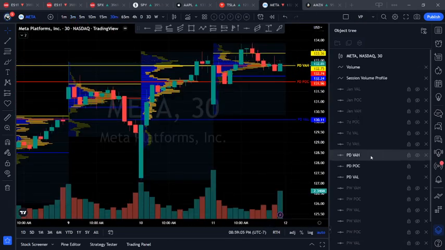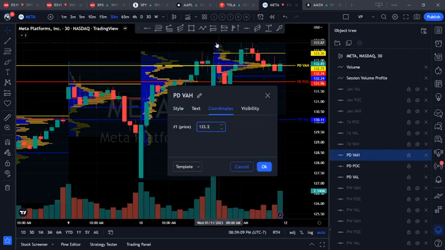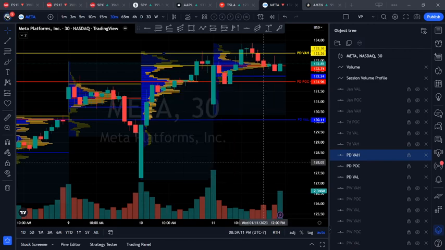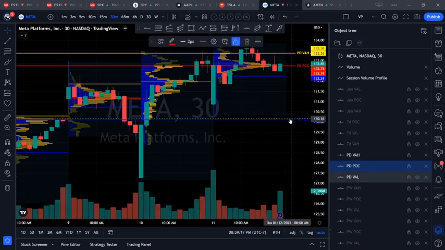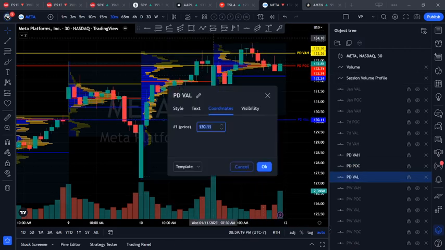Meta. Value area high, 133.36. 132.74 on the POC, and 132.24 on the value area low.